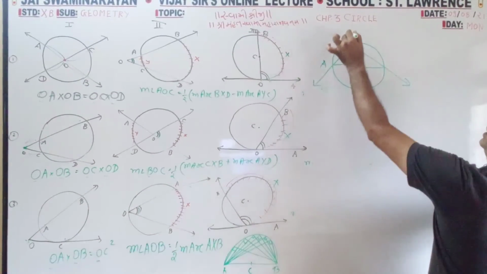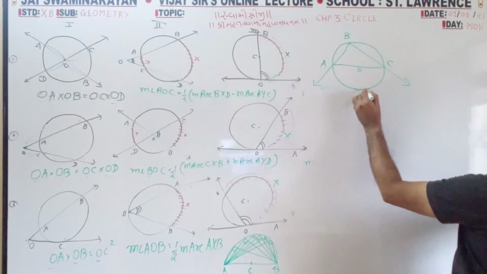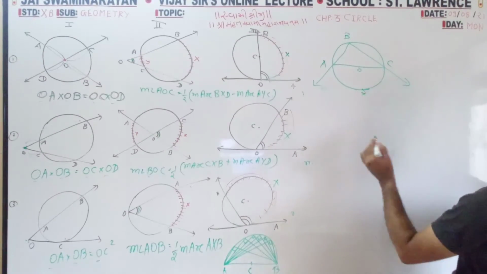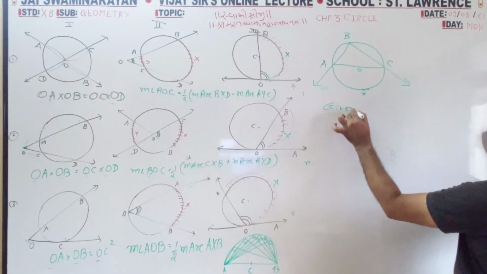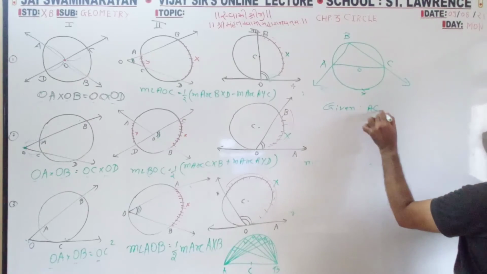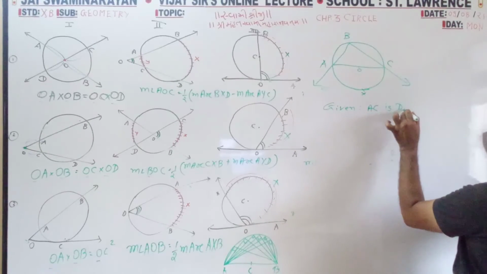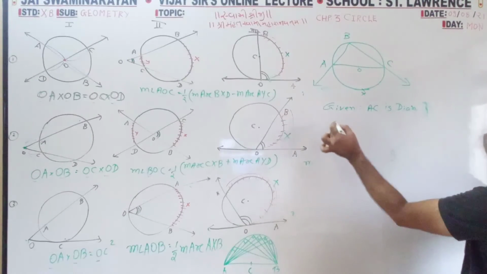So A, B, C, O. This is X. Given: AC is the diameter.